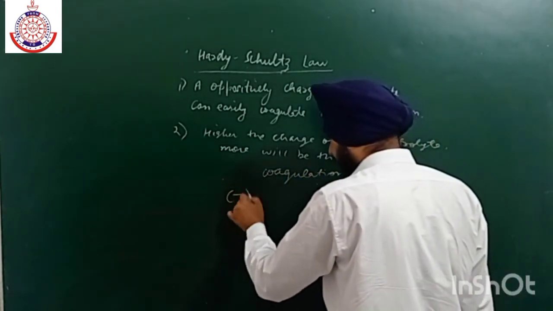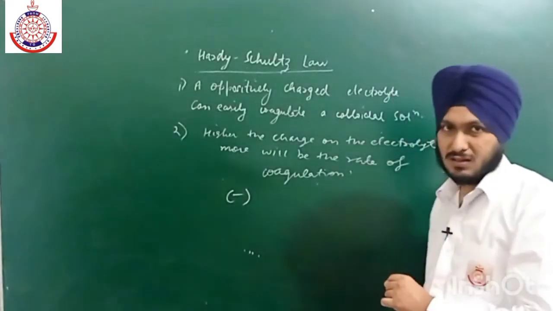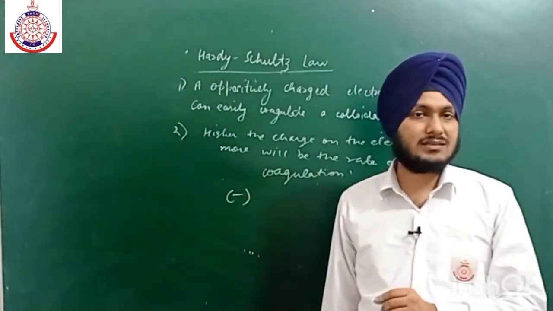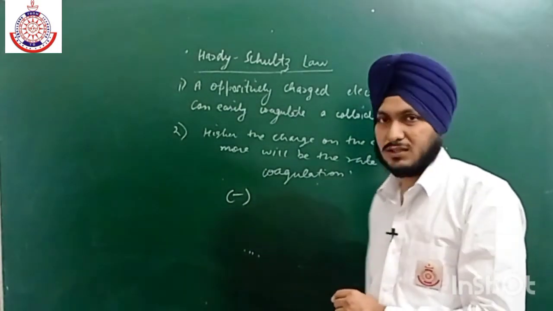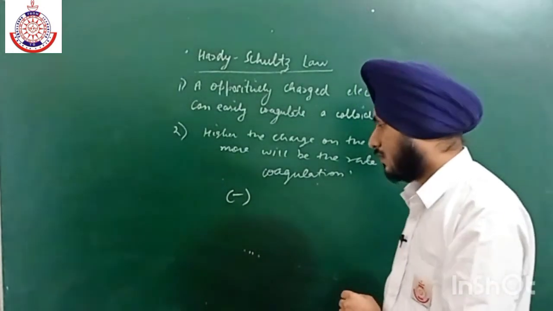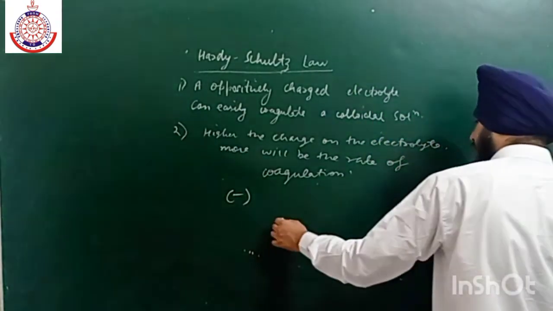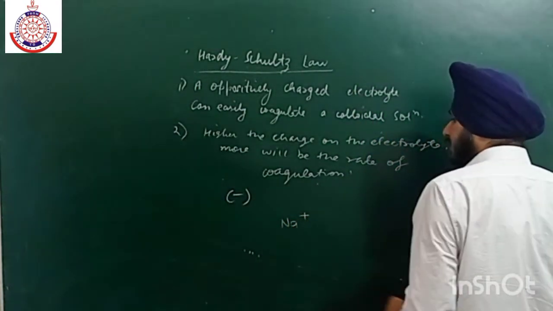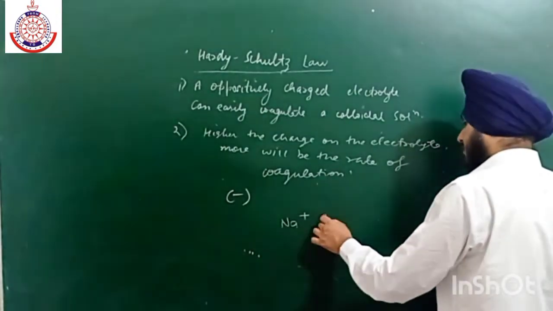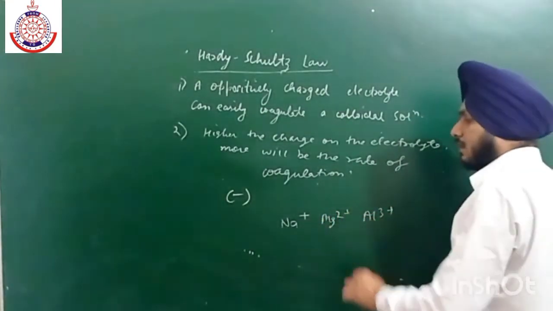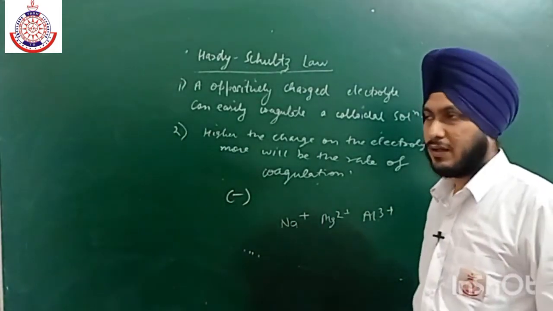we have a negatively charged colloidal solution, हमारे पास negative charge है, and we have to do coagulation of this negatively charged colloidal. So we have to use an electrolyte having positive charge. So if we are using Na+ containing electrolyte and Mg2+ and Al3+, so which one will coagulate it more easily?